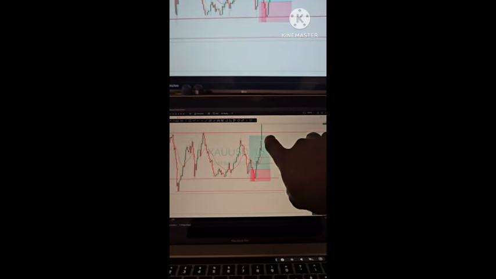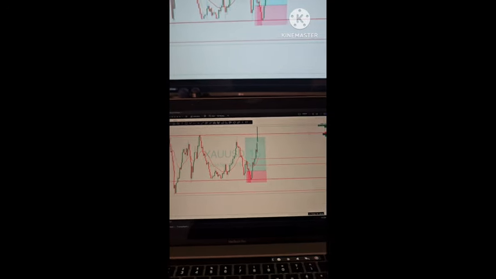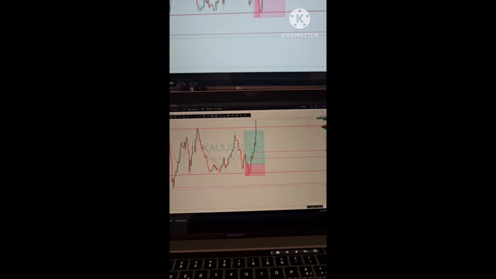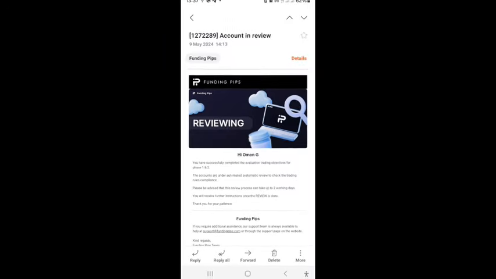Like I said this morning, the gold at 190. So that news that just popped out just now was a buy on USD. So everything just went well. I already hit my TP, as you guys can see.